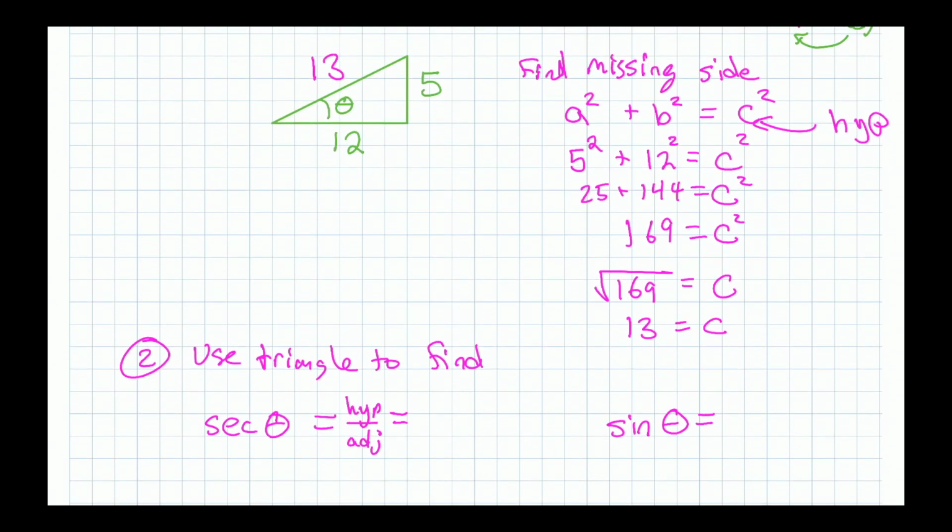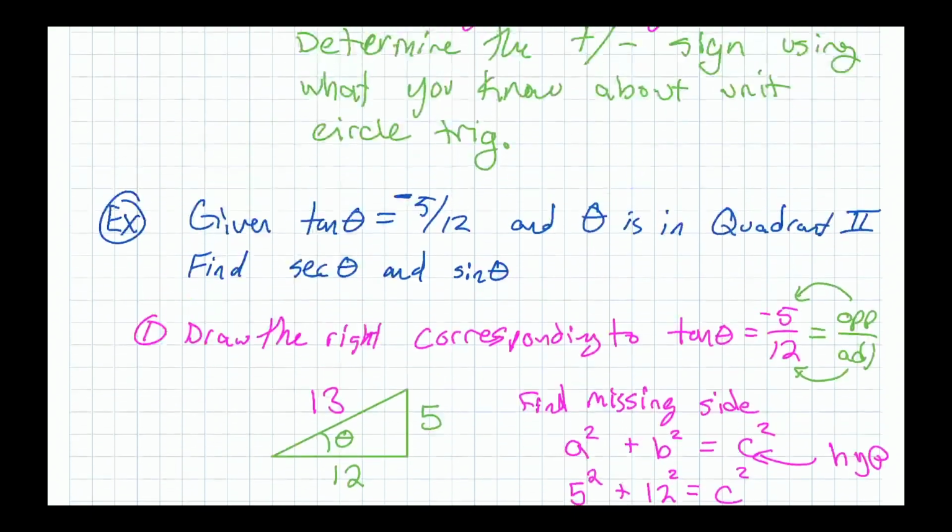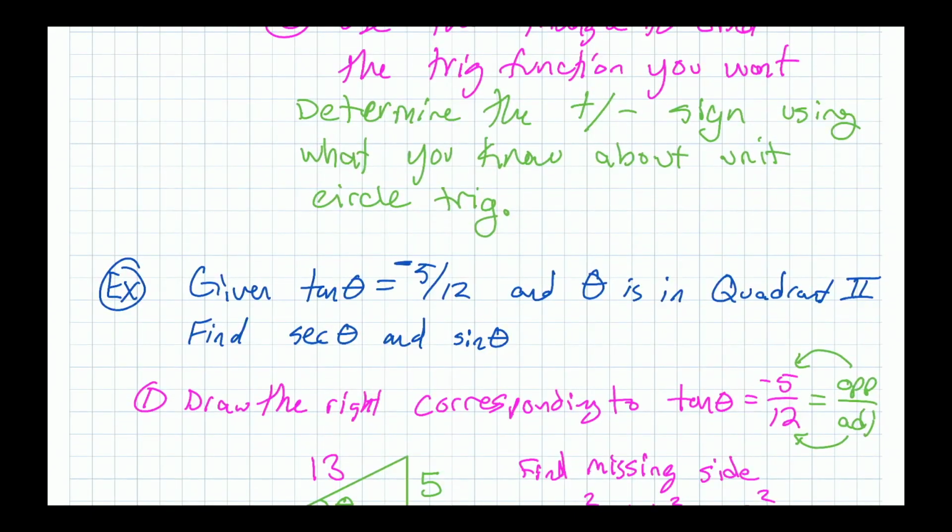We have a hypotenuse, that's 13, and the adjacent side is 12. So there you go. That's the secant, almost. Remember what we have to do though is we have to determine the plus or minus sign using what you know about unit circle trig. So what quadrant are we in? We're in quadrant 2.